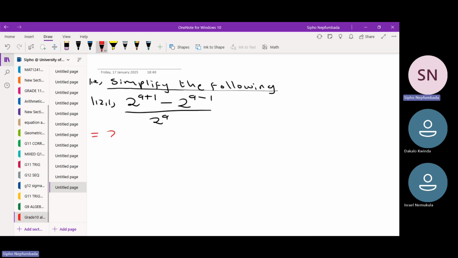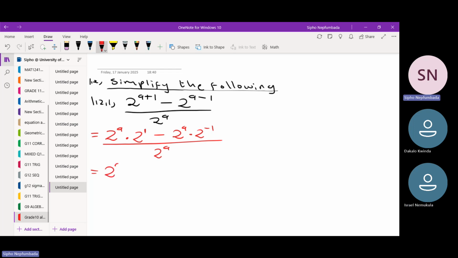So we first write them, reverse them on the exponential way. Are we fine? Are we still together? Then we take out the common factor.